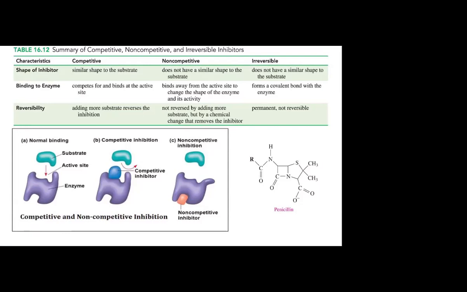When a non-competitive inhibitor binds the enzyme at a site away from the active site, that is known as an allosteric site. That's how we define it. So allosteric means that it is binding to a site in the enzyme that is not the active site.